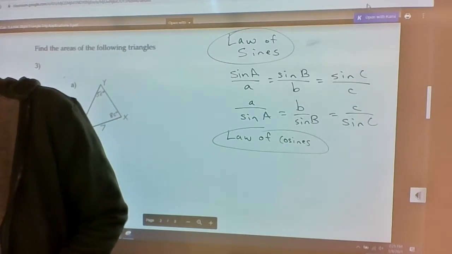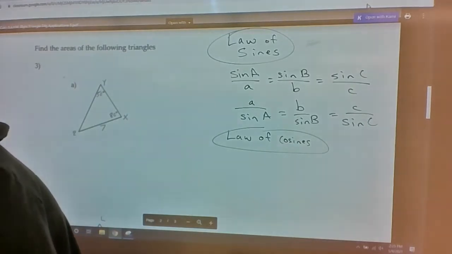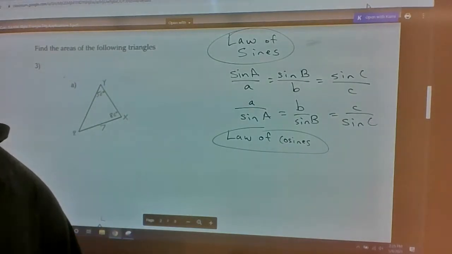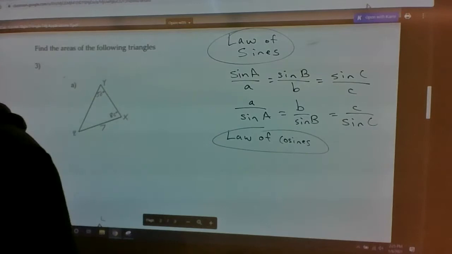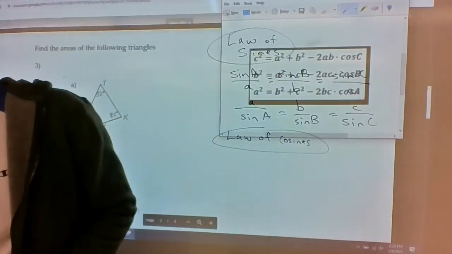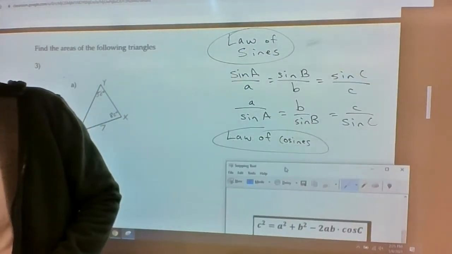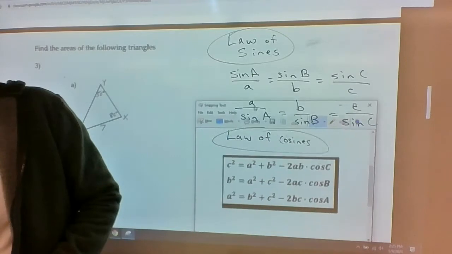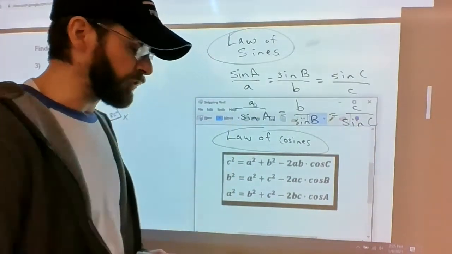The law of cosines has three different parts. So these are the three equations for law of cosines.